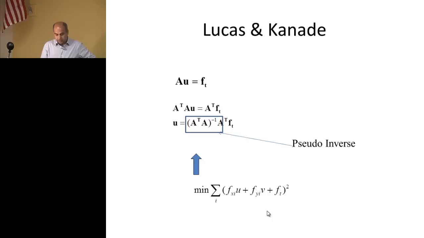So now what we do is take the errors for all the 9 pixels: we square the error for the first pixel, the second pixel, the third pixel, and we add them up. We want to estimate this U, V such that this squared error is minimized. This process is called least squares fit.